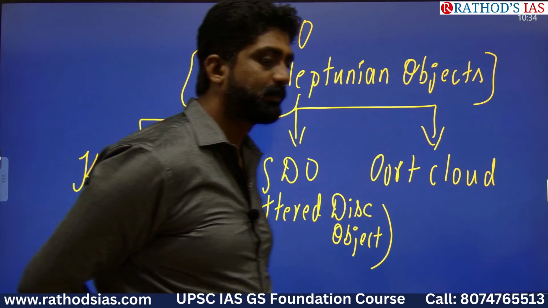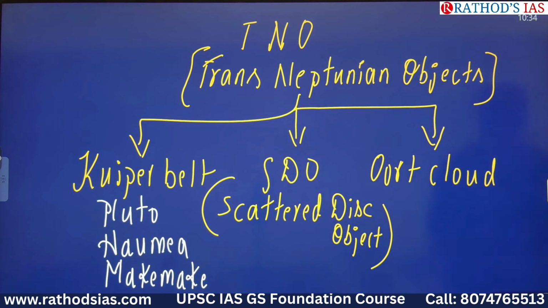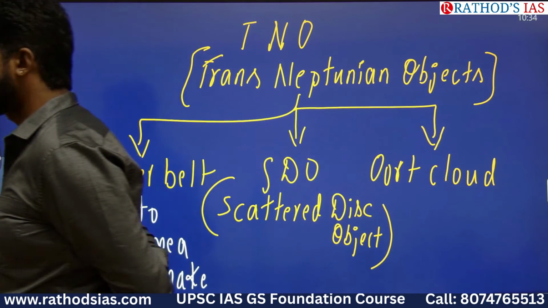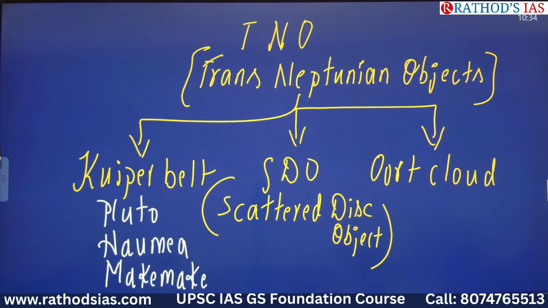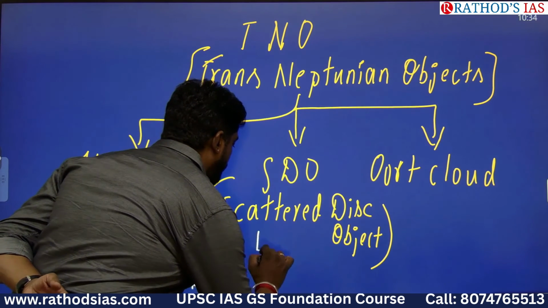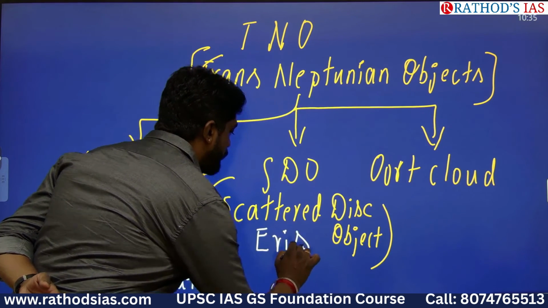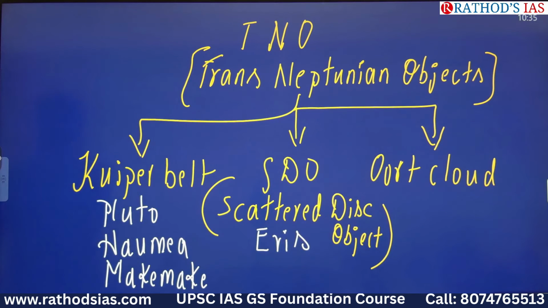So in the Kuiper belt there are 3 dwarf planets: Pluto, Haumea, and Makemake. It is pronounced Makemake. And SDO has the 4th dwarf planet called Eris.